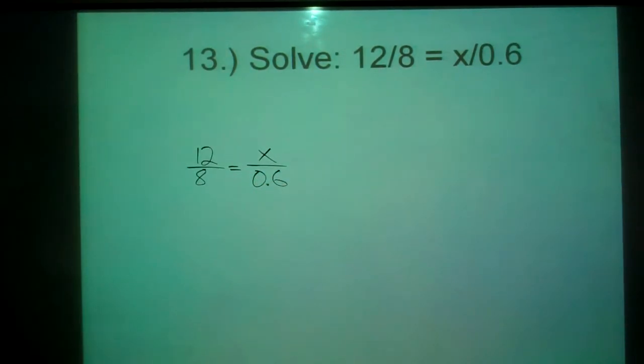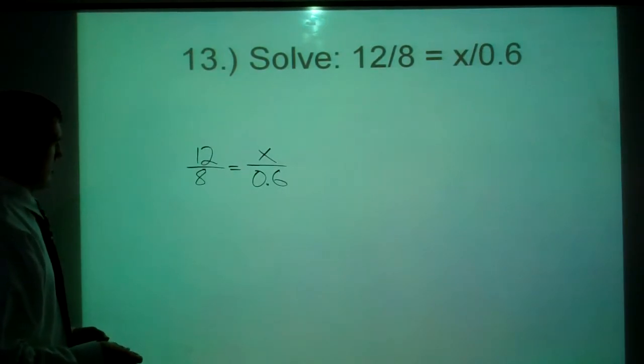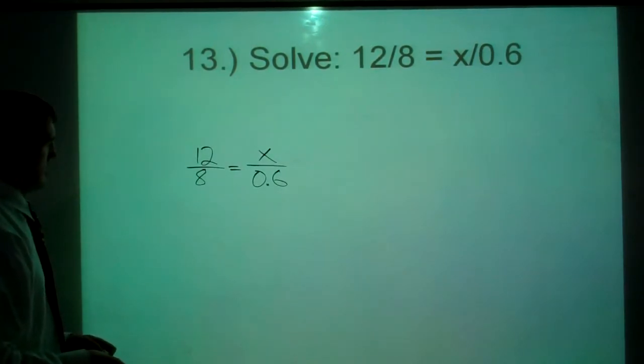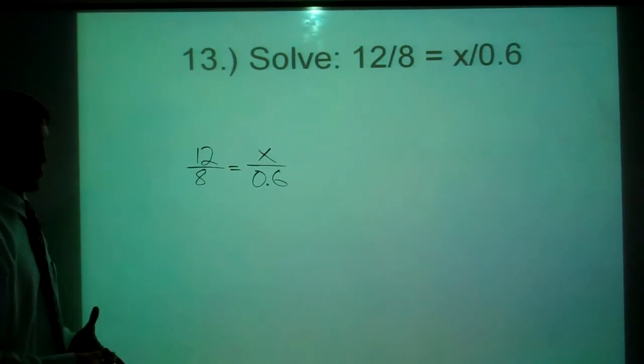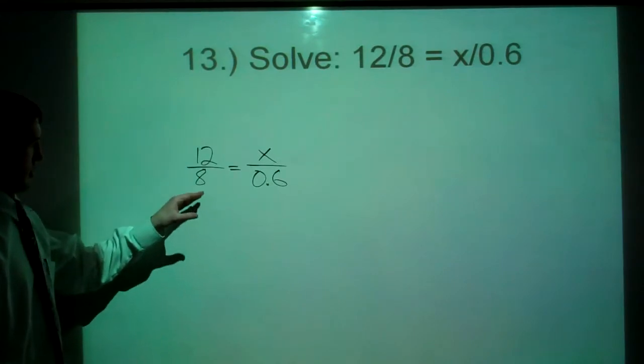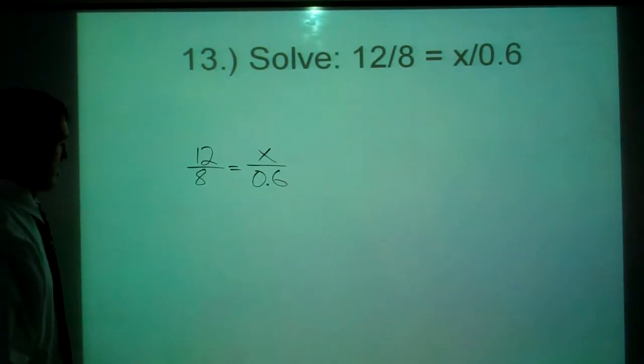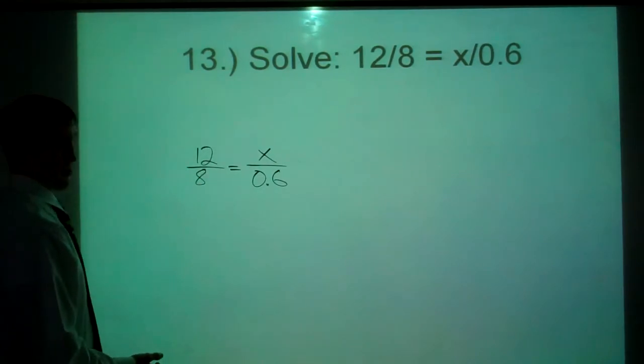Lots of different ways to do this one. Well, the easiest way to do this one, since we don't have a clear way to get from 8 to 0.6, is to do our cross multiply divide.